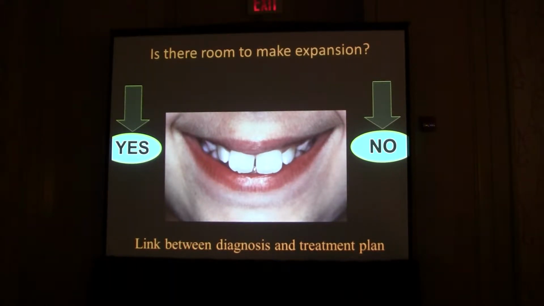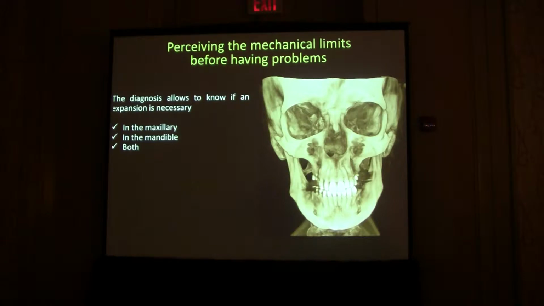What we are looking to do is to put in relation the diagnosis and the treatment planning at a time when there is more talk about therapeutic means than diagnosis. And this is the only means to pursue the mechanical limits before having problems.